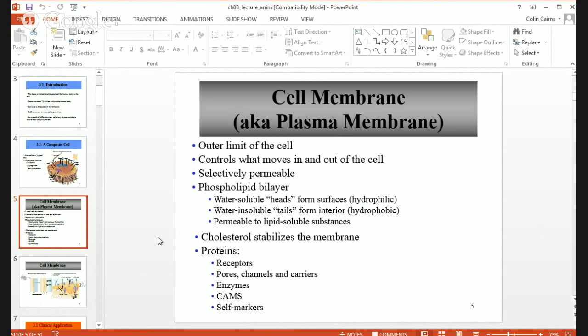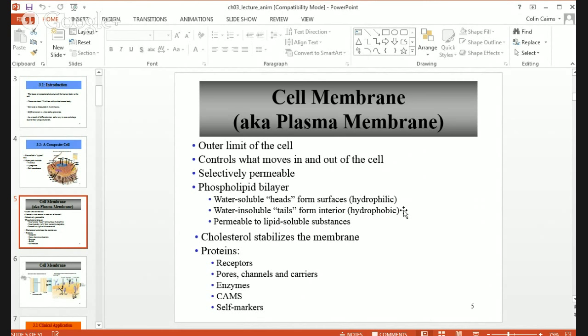It's a phospholipid bilayer. It has water-soluble heads that form the surfaces on the outside, and those are called hydrophilic. The water-insoluble tails form the interior, and they're considered hydrophobic. This bilayer is permeable to lipid-soluble substances.